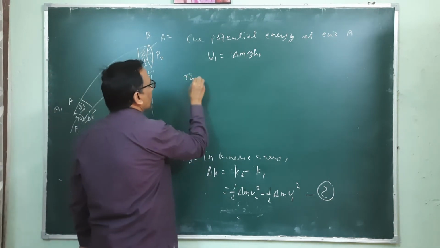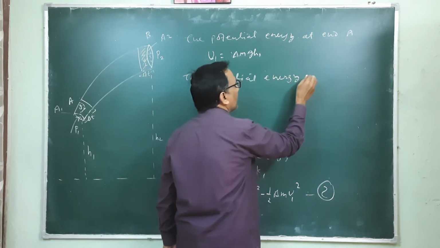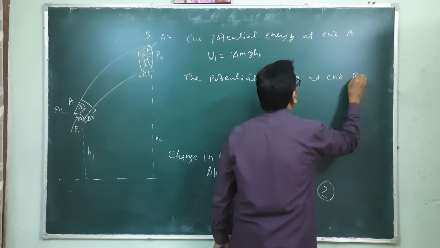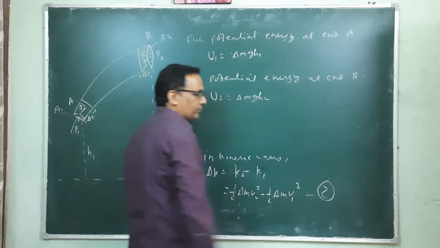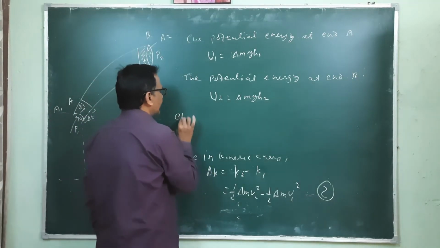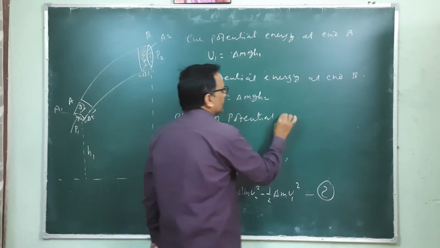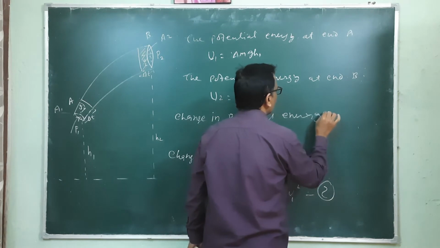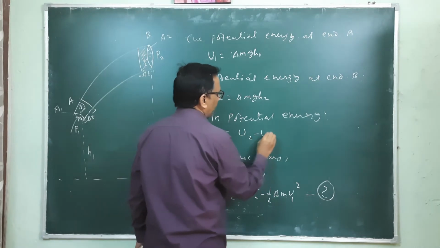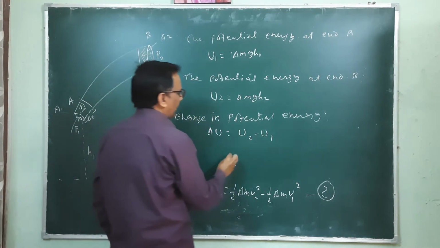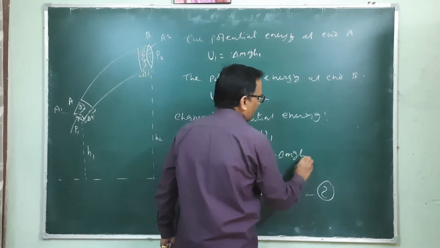And second, the potential energy stored in the liquid at end B, U2, is equivalent to delta M g h2. So the change in potential energy, delta U, is equal to U2 minus U1, which is equal to delta M g h2 minus delta M g h1. This is equation three.